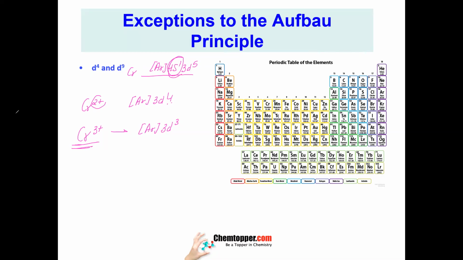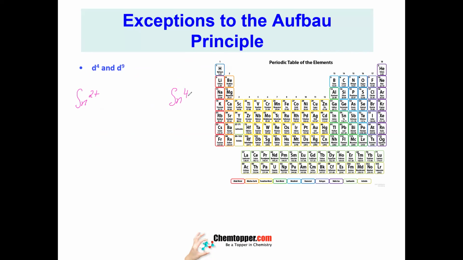Again, the trick is the same. Identify your valence shell, and you will remove electrons only from the valence shell. Don't touch inner shells. That's the same trick we are going to play. Give me the configuration of tin 2 plus and tin 4 plus.